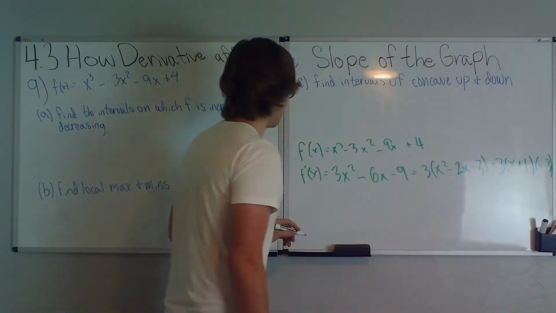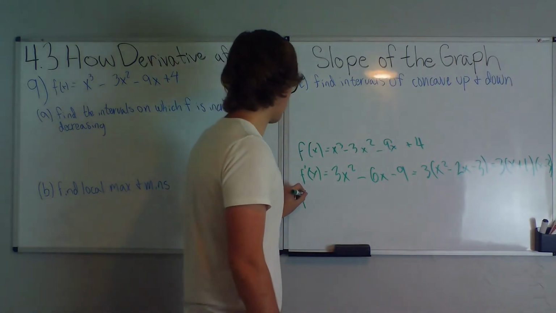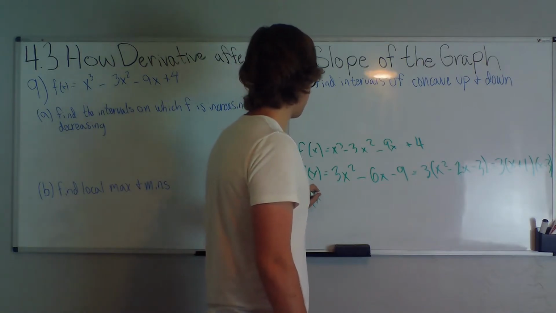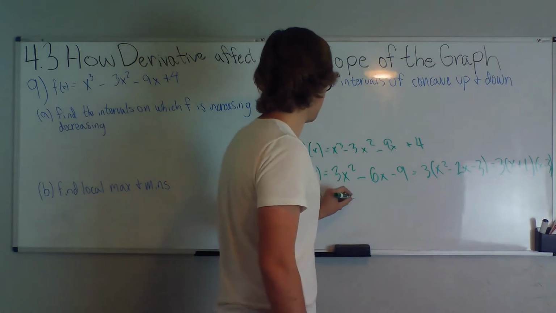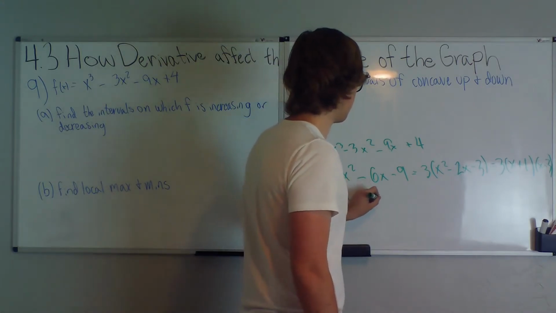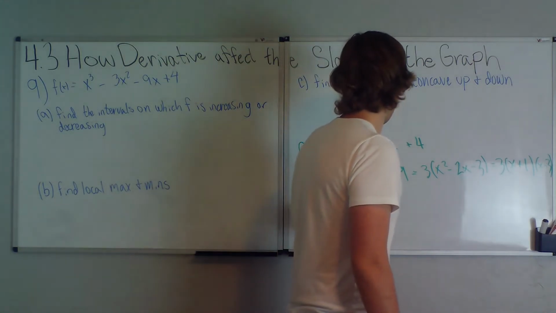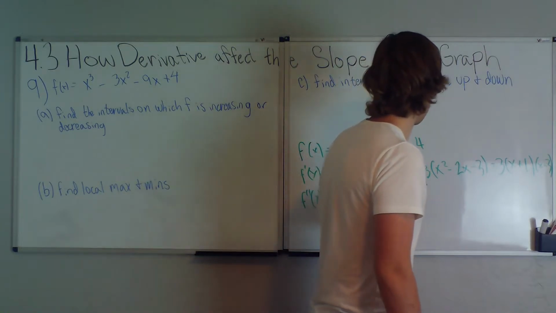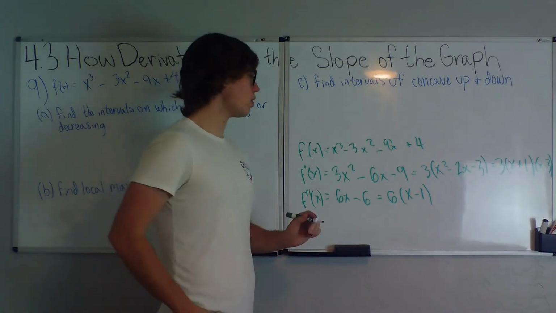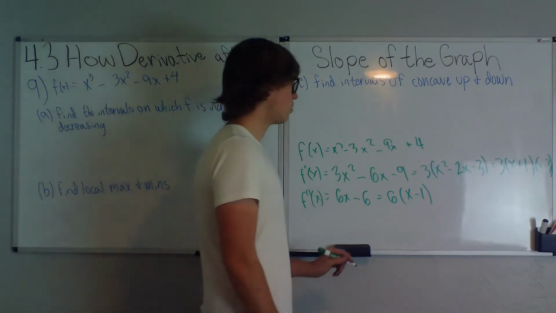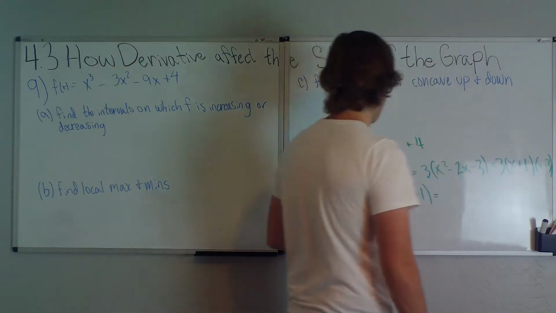Okay, then if we were to do f double prime of x, we use power rule again, so that becomes 6x minus 6, which is equal to 6 times x minus 1. Okay, what will this give us? Well, we find where these are equal to 0, and we get some points.